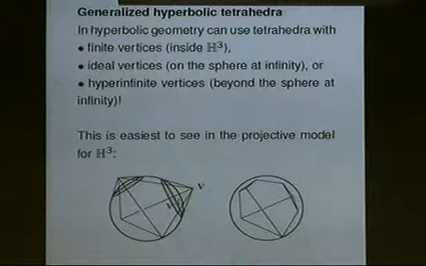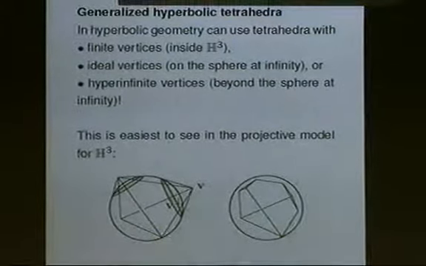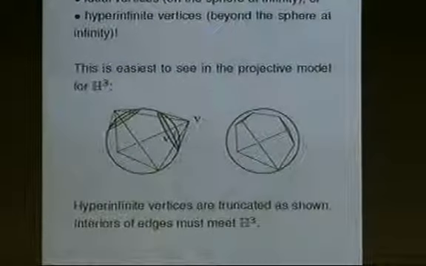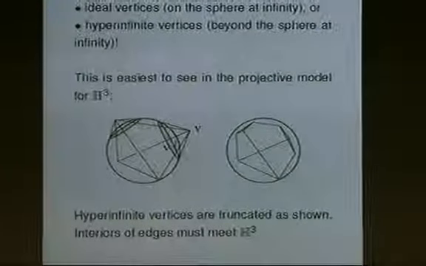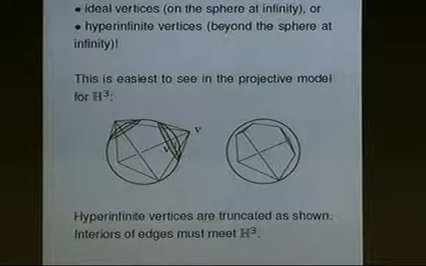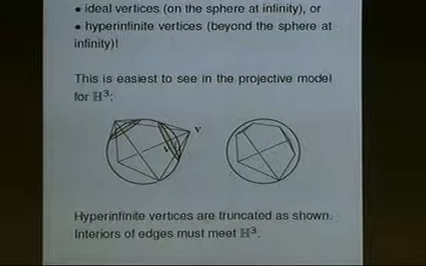So what can we do? Here, for instance, is a tetrahedron. We've got 4 vertices. The first vertex is a finite vertex. This vertex is an ideal vertex, on the sphere at infinity. We've also got 2 vertices outside the sphere at infinity.